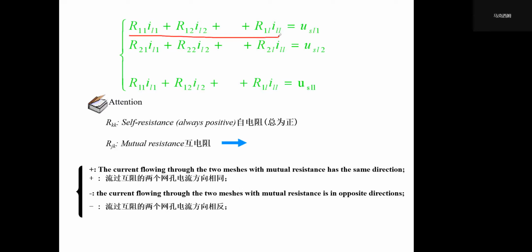So to remember: when two mesh currents flow in the same direction through the mutual resistance, we take a positive sign. Otherwise, we give it a negative sign. So it's very easy to remember.